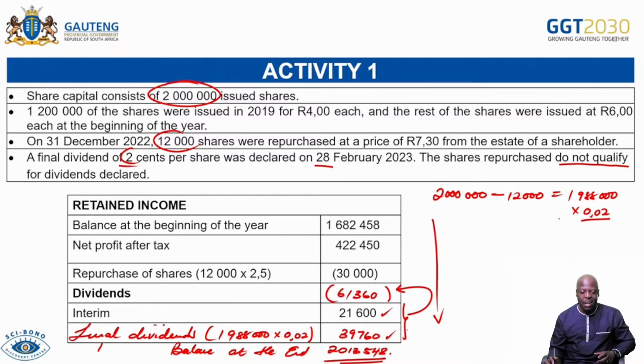That is how we end our retained income. Balance at the beginning, net profit after tax, repurchase of shares, amount above, your dividends, interim and final, then you get your balance right at the end.